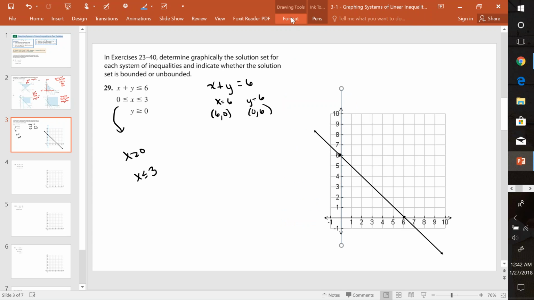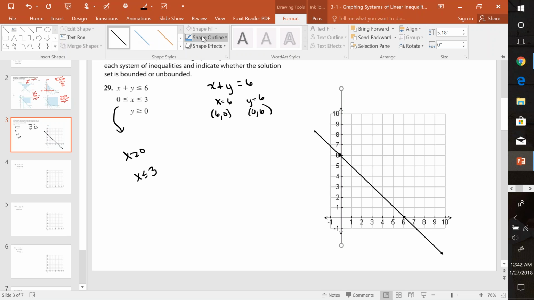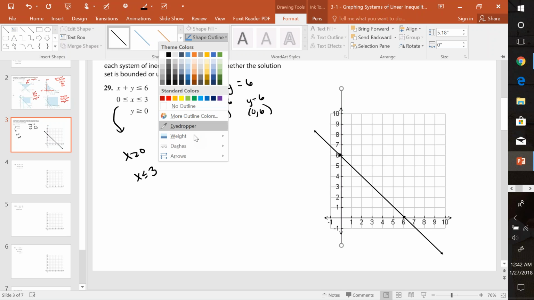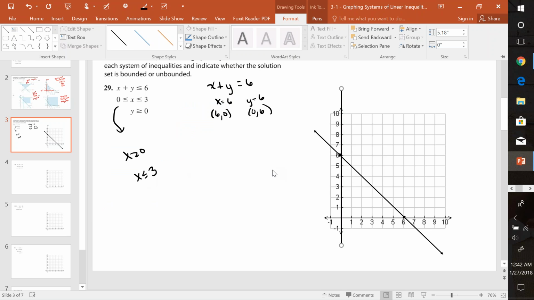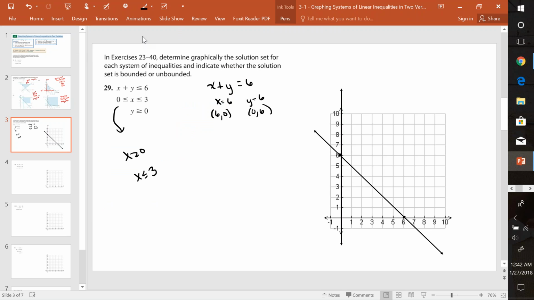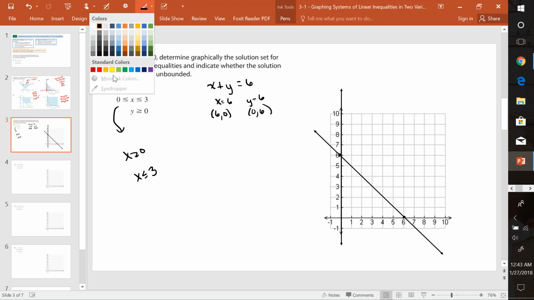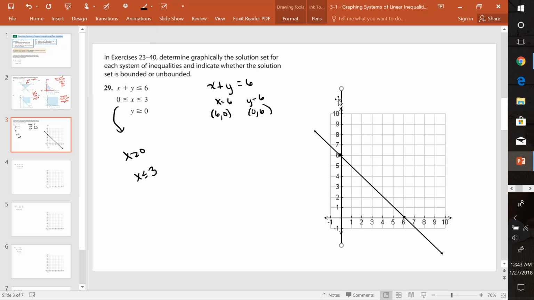X is equal to 0. And then we're also going to have x is equal to 3 because that is a vertical line on the other side. And I'm just going to try to copy this and move it to where I need it. And then y is greater than 0. So we need one more line, but it's going to end up being horizontal. Okay, so there's all the lines that are on this graph.